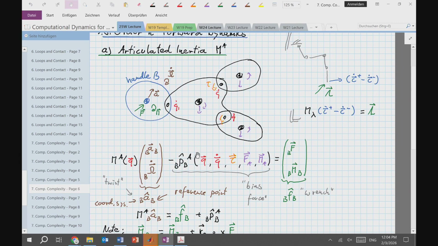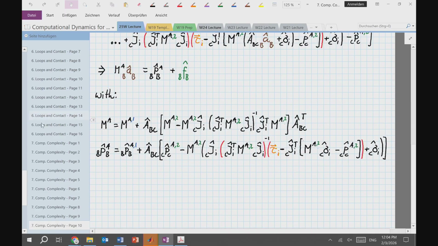I can show you that it's true for two rigid bodies. I can show you that it is true if I connect two rigid bodies and select one as a handle. I can compute the articulated inertia, the bias force of that new handle, using these equations, right? That's my new articulated inertia. That's my new bias force.